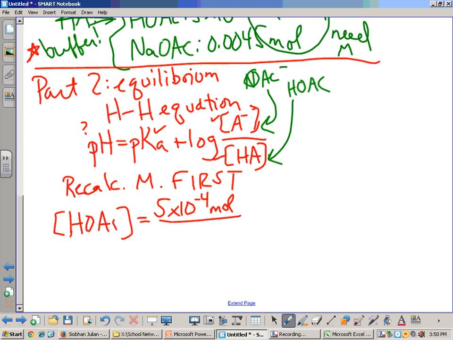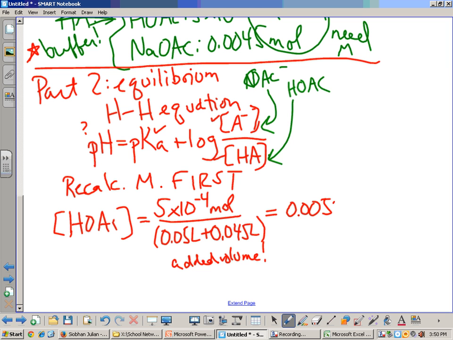It's no longer the 50 milliliters of acetic acid. Now it's 50 milliliters of acetic acid plus the 45 milliliters that we added in with the sodium hydroxide. Added volume. Key. Must remember that.